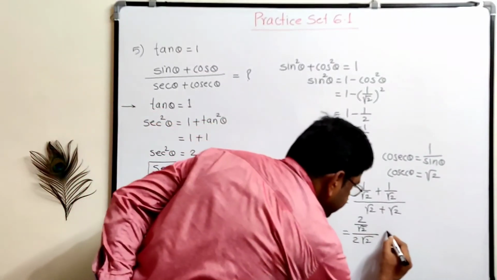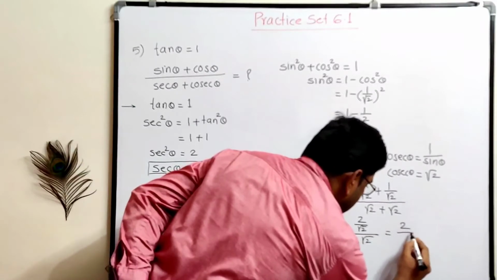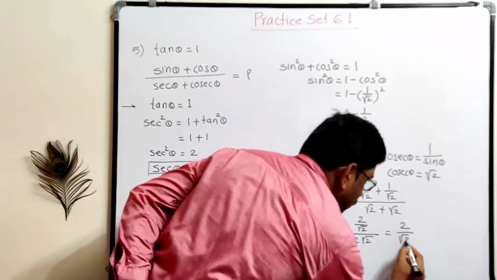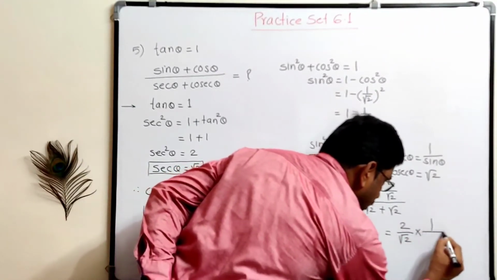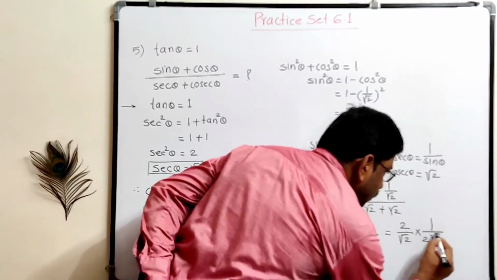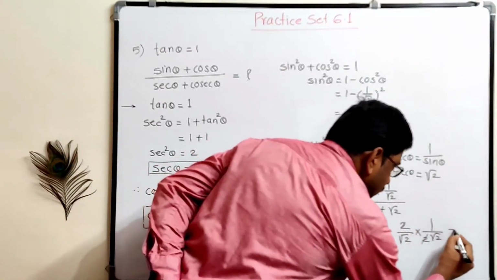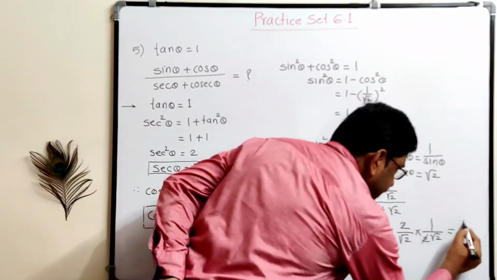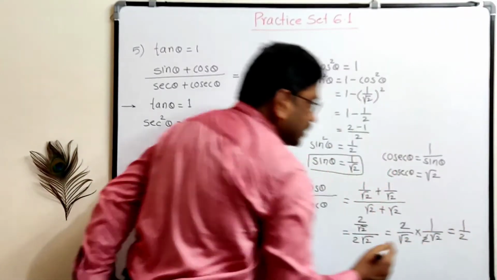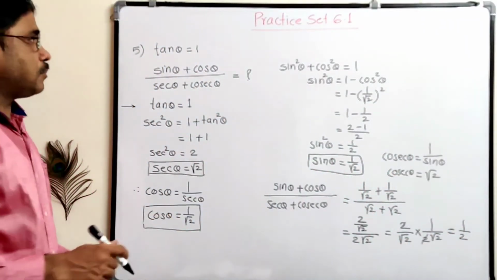So we get 2 upon root 2 multiplied by 1 upon 2 root 2. This 2 gets cancelled. 1 upon root 2 into root 2 is 2, so 1 upon 2. So the value of this one is 1 upon 2.